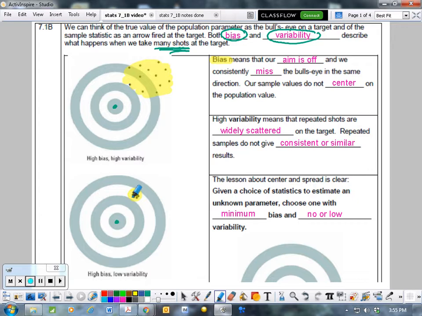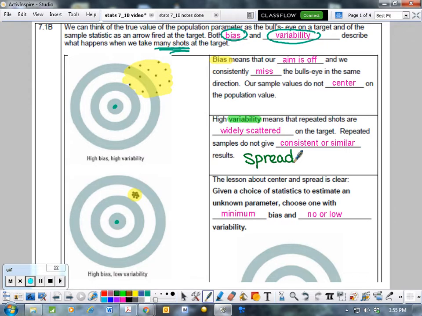We also have something called variability. High variability means that the repeated shots are widely scattered. When we're talking about variability, we're looking at our spread. When we have high variability, those shots are spread apart. When we have low variability, they're all really consistent, or similar, in a nice tight cluster.